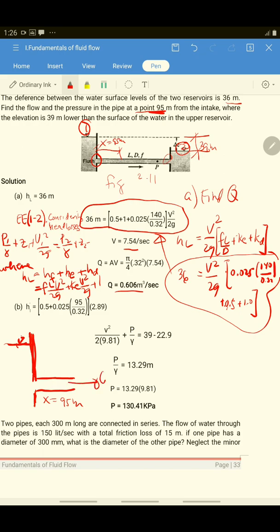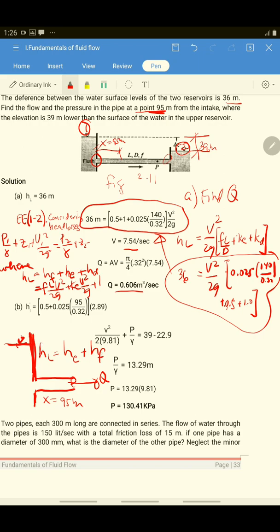So here, that is your Q. What you have here for the head loss is just equal to the head loss at the entrance plus the head loss of the pipe. So that is the only head loss we got, no?